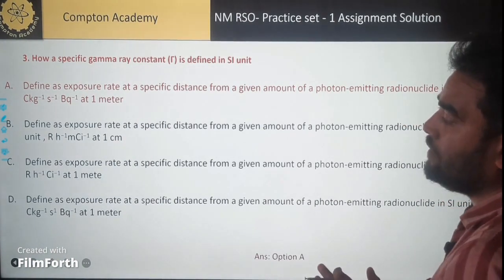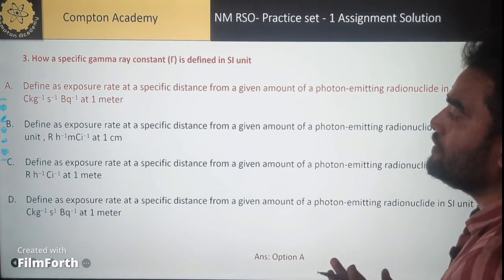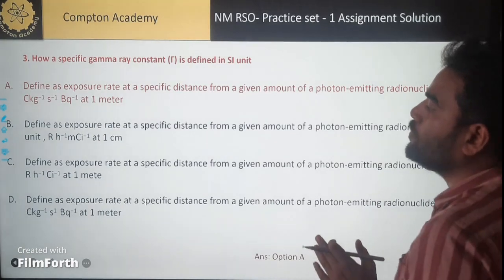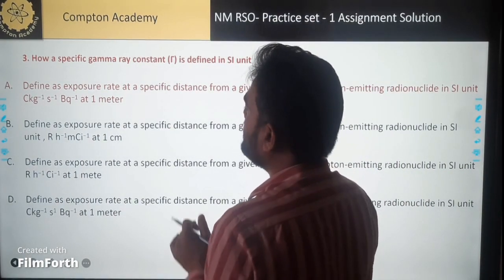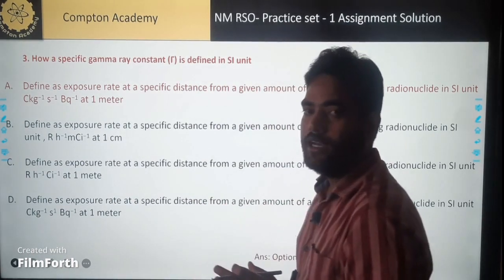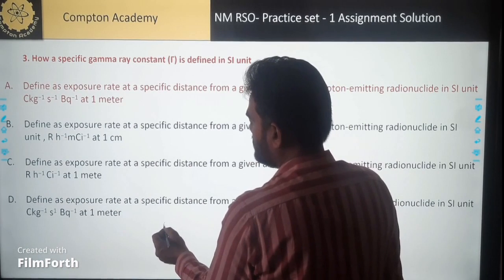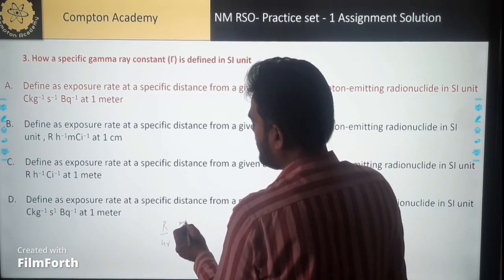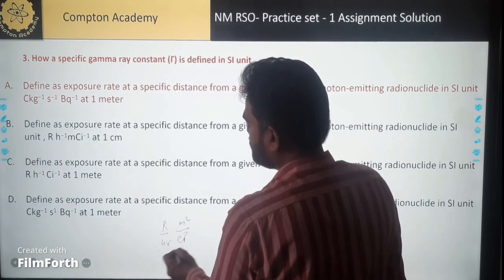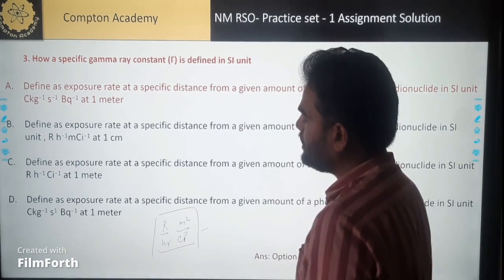But in SI unit most of you are not aware, you were actually confused. So when you define the exposure rate at 1 meter, as it has been already defined in the reference table, that is roentgen per hour meter square per curie. So this unit is mentioned over there.